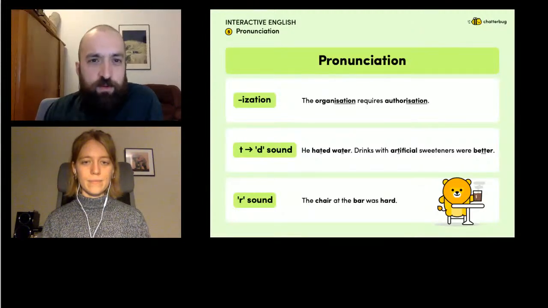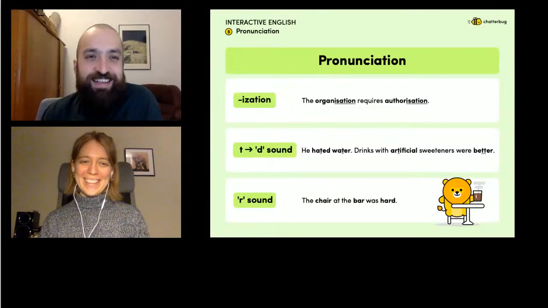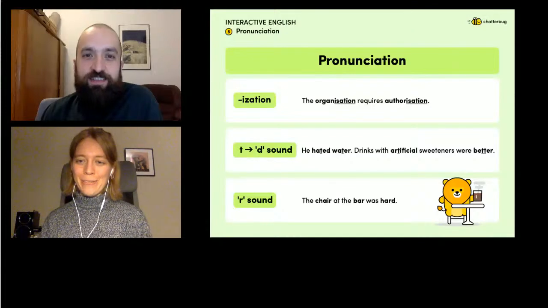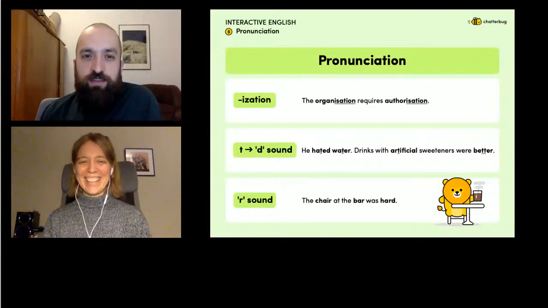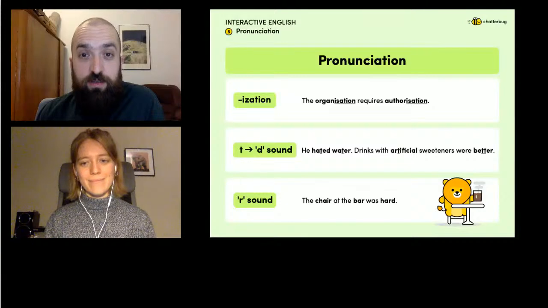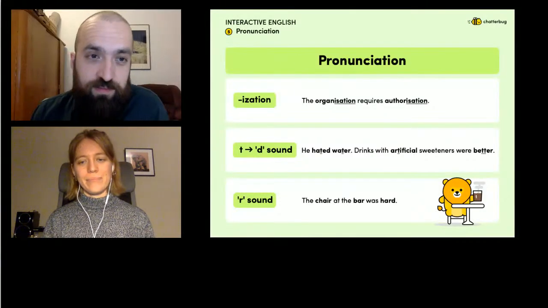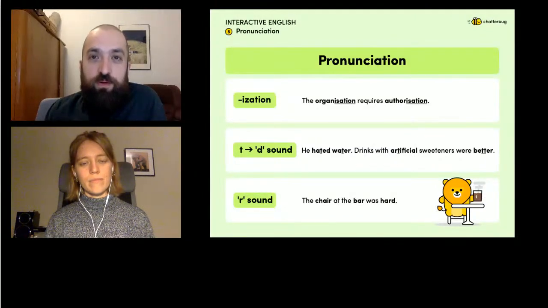Okay, my favorite one, the next one. He hated water. Can you read it? He hated water. Drinks with artificial sweeteners were better. Yeah, we make it the D. Water.